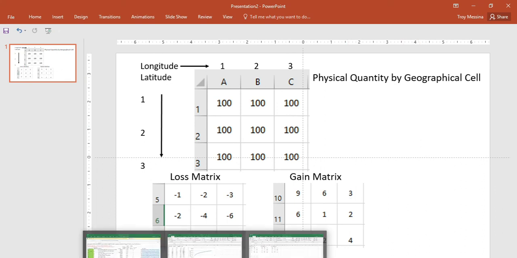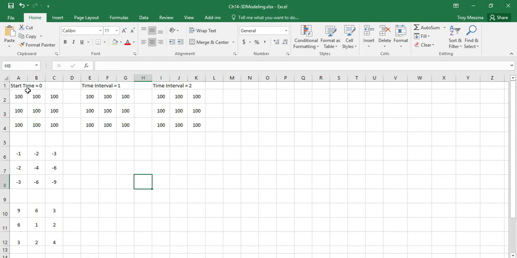Okay, so in Excel, let's see, here's time equal to 0, everything is 100, and here's the loss matrix here, and here's the gain matrix. If there were no losses or gains, then after some amount of time we would have the same amount of physical quantity, and if we look at a later time, it would be the same again.